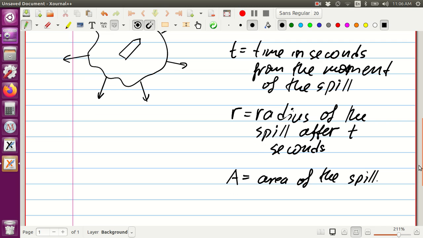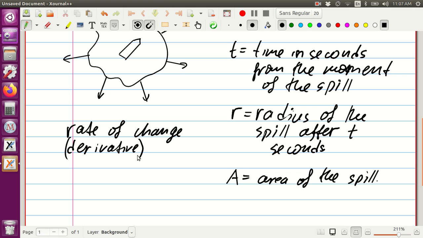Now let's talk a little bit about rate of change. We didn't talk much about it, but just a little bit in the beginning of the semester. Rate of change just means derivative. So how fast the quantity is changing with respect to some other quantity.